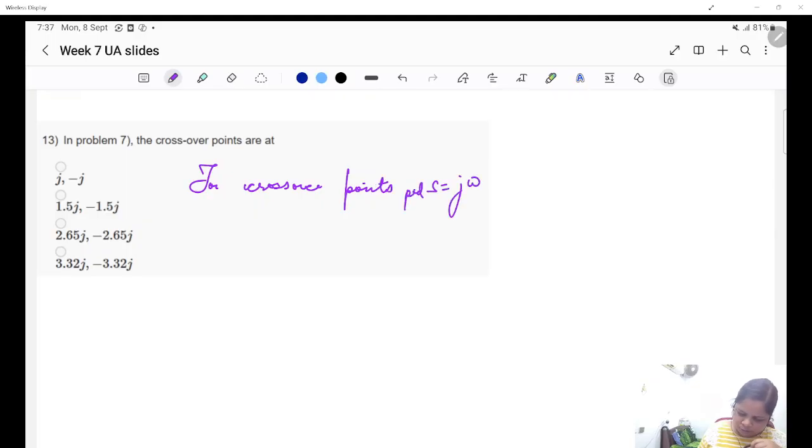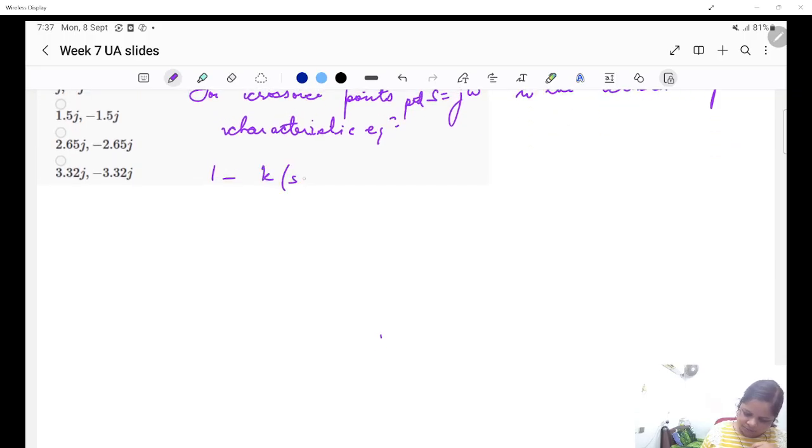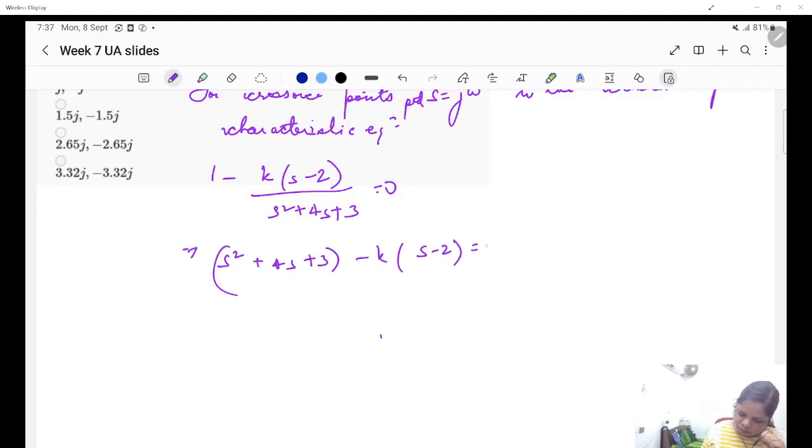Put s equal to j omega in the closed loop characteristic equation. So it is 1 minus K times (s minus 2) over (s square plus 4s plus 3) equal to 0. Why are we putting minus here? Because it is a positive feedback system. So s square plus 4s plus 3 minus K(s minus 2) is equal to 0, at s equal to j omega. We have to check.